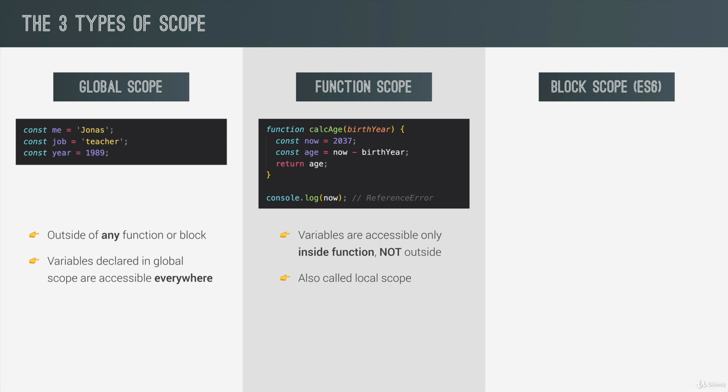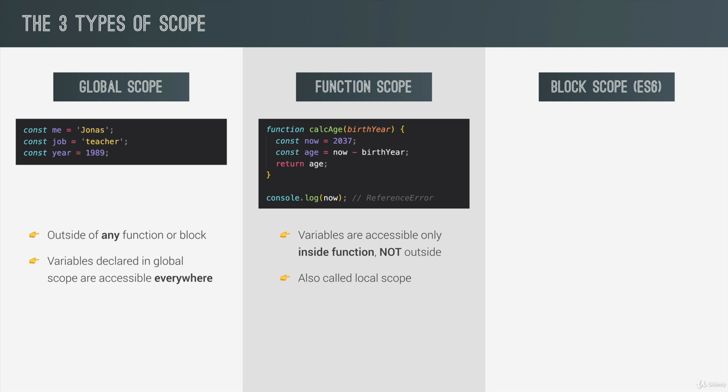And if you remember our pig game project from the previous section, that is also the reason why we had to declare a couple of variables outside of the init function. Remember that? So we had some variables declared in the init function, and then that gave us an error because other functions were trying to access these variables.